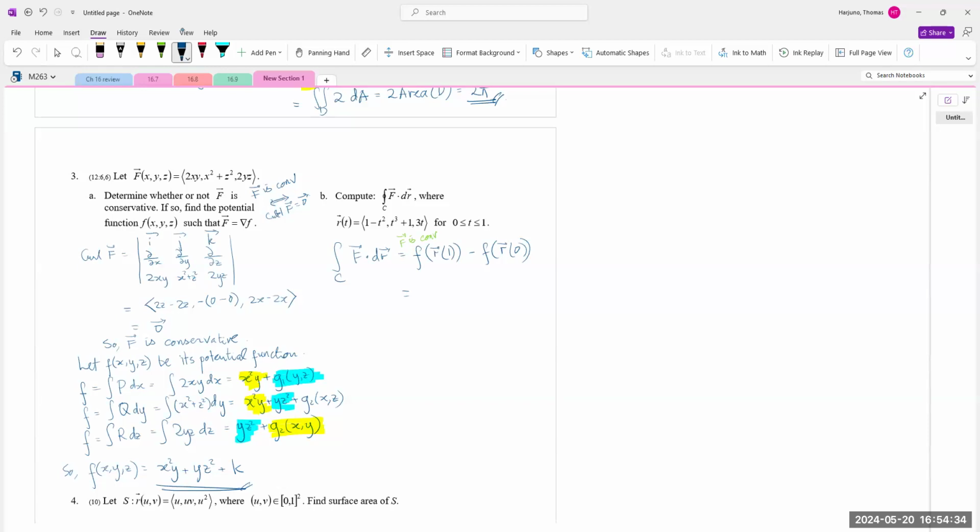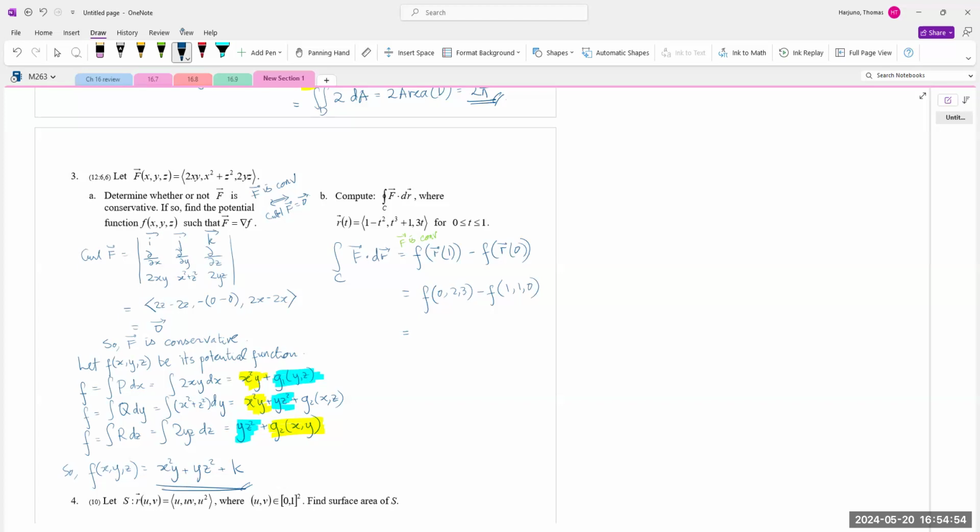Now then what is r(1)? Let's see, r(1) is (0, 2, 3) minus r(0) is (1, 1, 0). Now we plug in numbers.